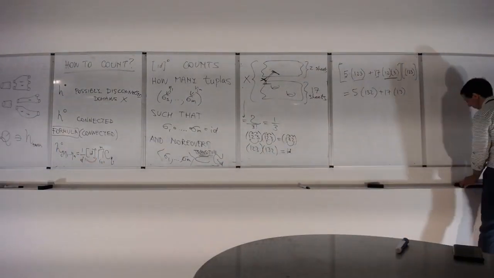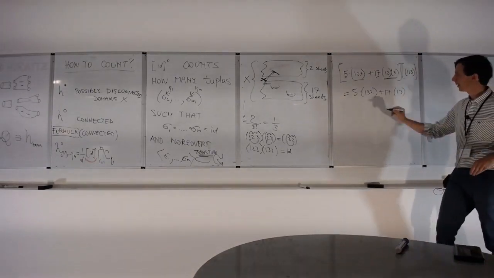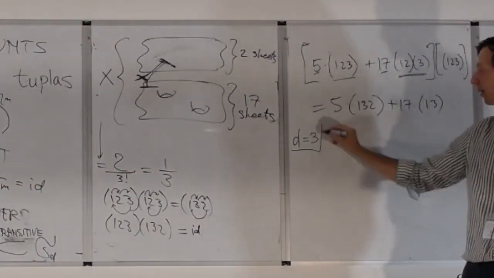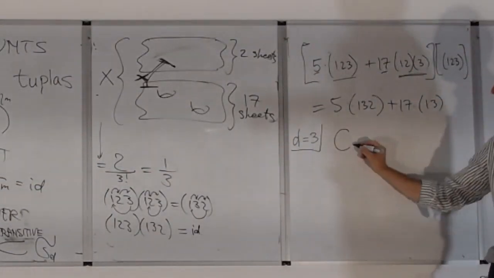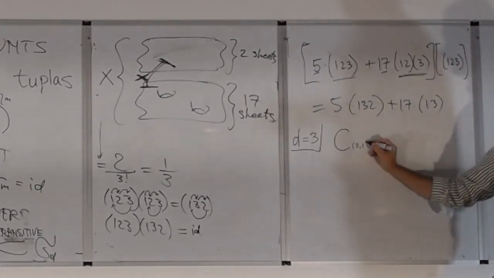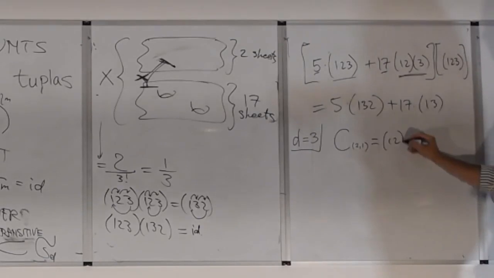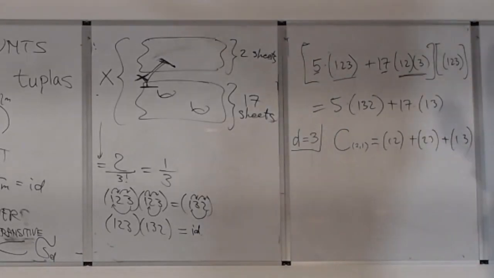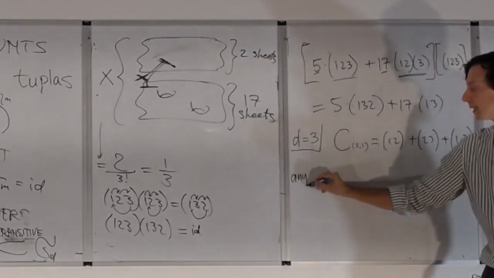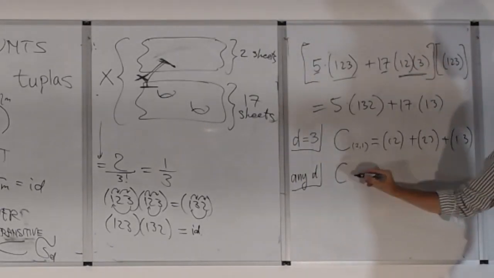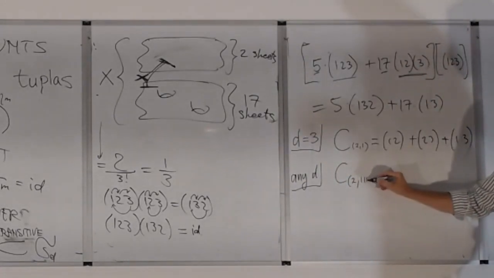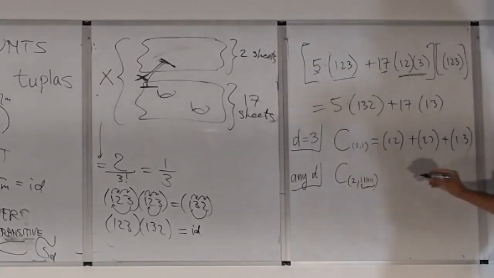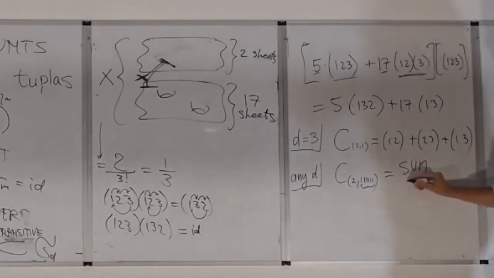So maybe I should make more examples. Say that if D is 3, then C(2,1) is (1 2) plus (2 3) plus (1 3). In general, if you take any D, then C(2,1,1,1,...) with ones, whatever you need, you just complete it with ones. That's just the sum of transpositions.